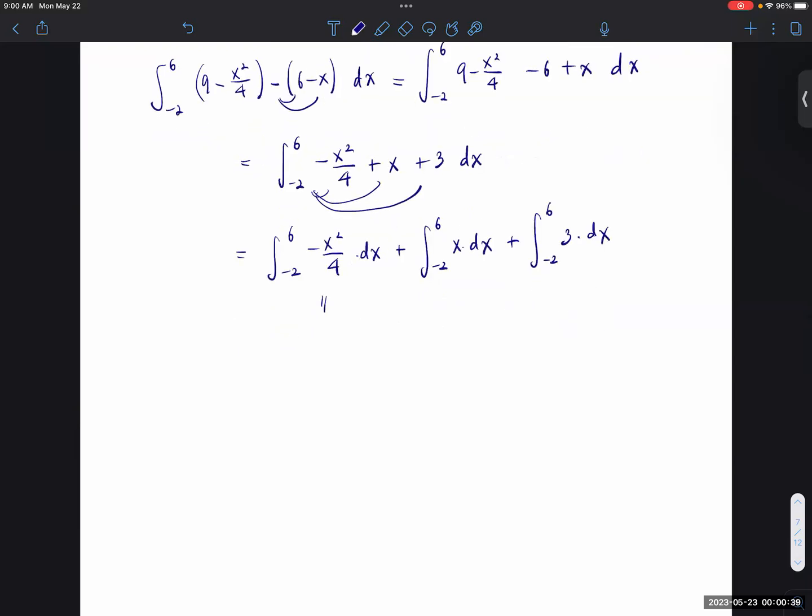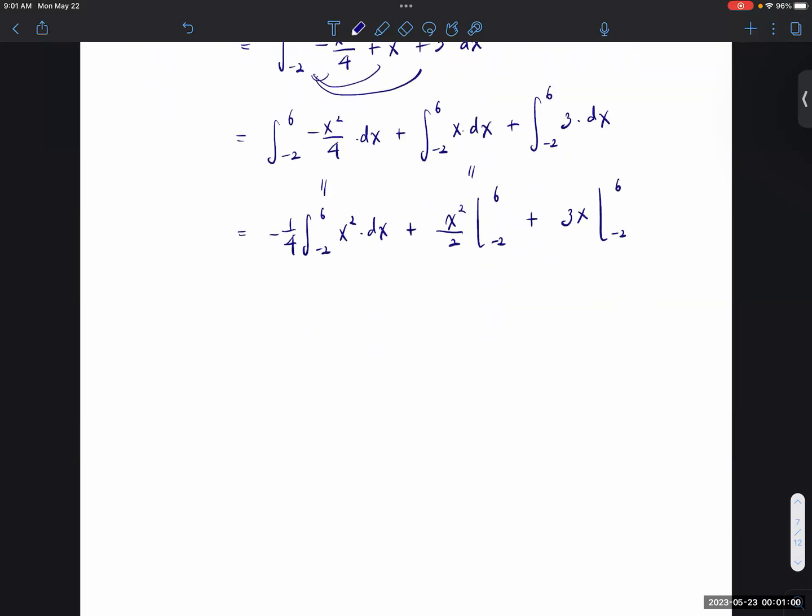I'm going to bring the number -1 over 4 in front of the integral, so you're taking x squared. And for this one, x to the invisible 1, plus 1 is 2, so x squared over 2, from -2 to 6. This is 3x from -2 to 6. So this is -1 over 4, x cubed over 3 from -2 to 6.